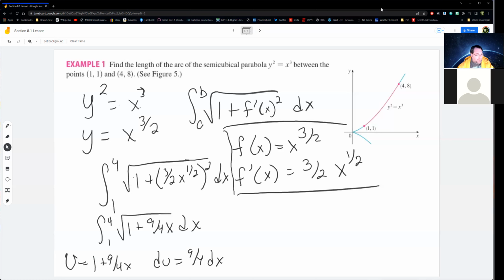Then, to make my life a little easier so I don't have to substitute back in the 1 plus 9/4 x, I can find the new limits. When x is 1, u is 13/4. And when x is 4, u is 10.